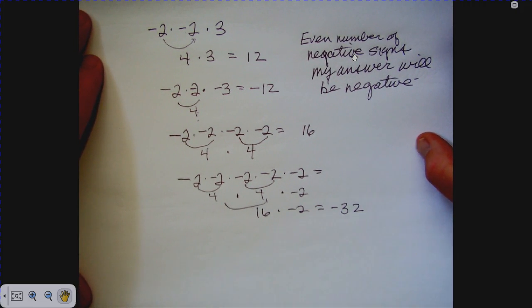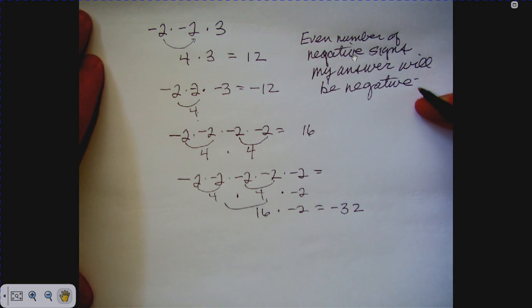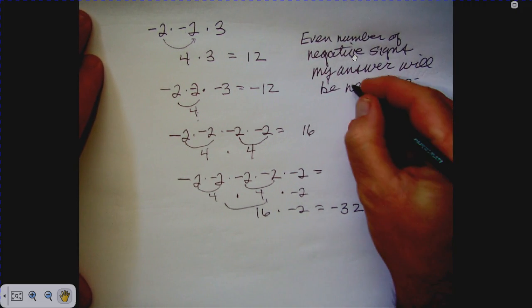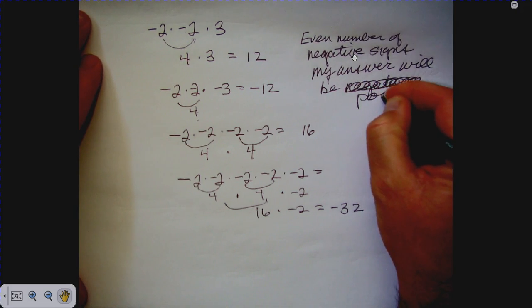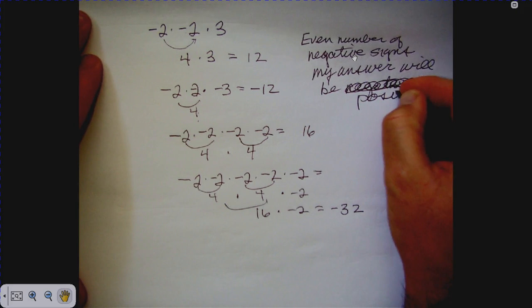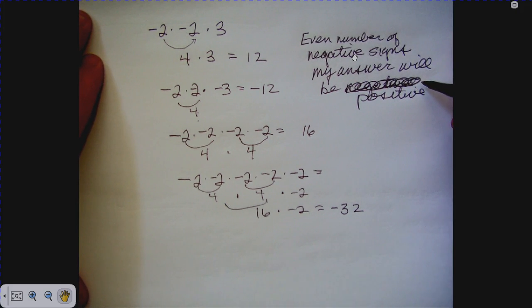So if I have an even number of negative signs, my answer will be, I made a mistake. My answer will be positive. Sorry about that. So if I have an even number of negative signs, my answer will be positive.